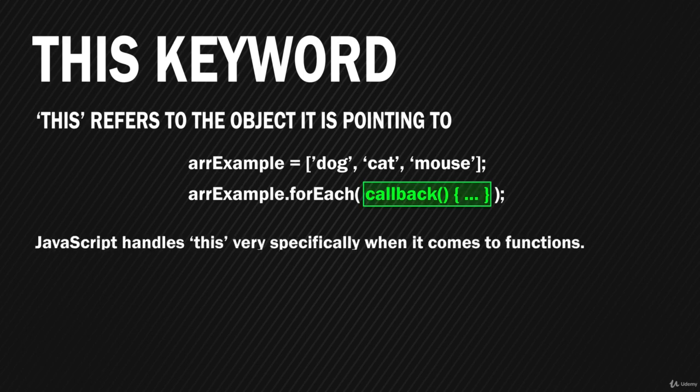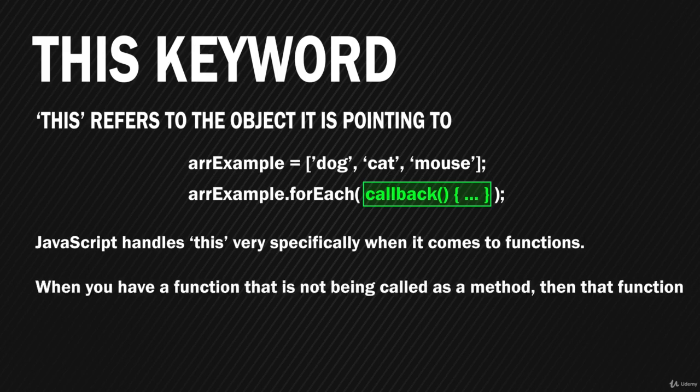Because JavaScript handles this very specifically when it comes to calling functions and how they are called. When we pass a function to the for each method of the array, the value of this is the global object window. In other words, that function will be a method of the object window. And this is just the way that JavaScript works.